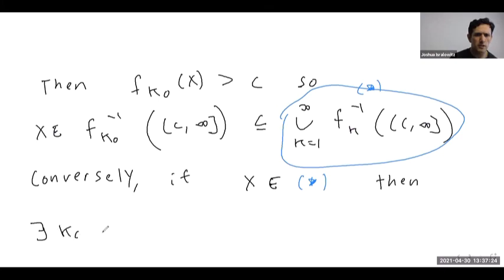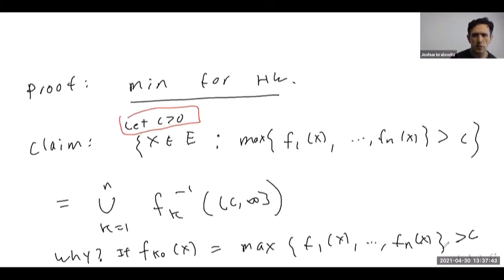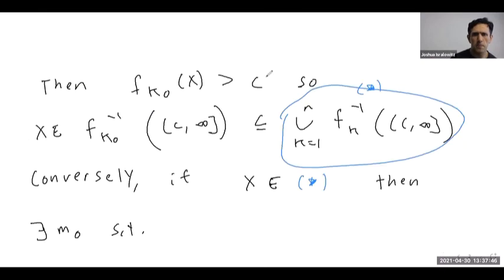So there exists a k0, a different integer between 1 and n, where x is in this inverse image, which means that f_k0 of x is bigger than C.